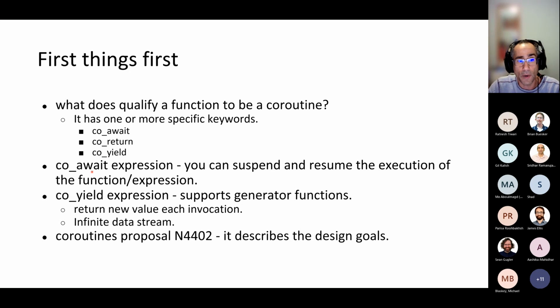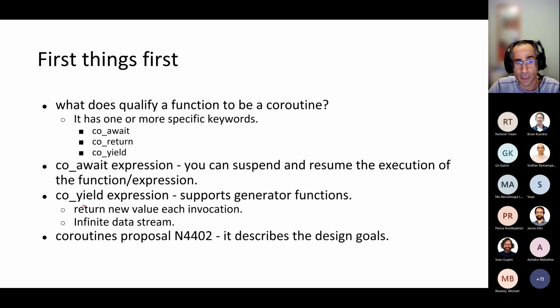So the co_await expression: this is where I can say co_await something. I suspend that execution, and then someone that holds a specific handle to my coroutine object can resume my execution.